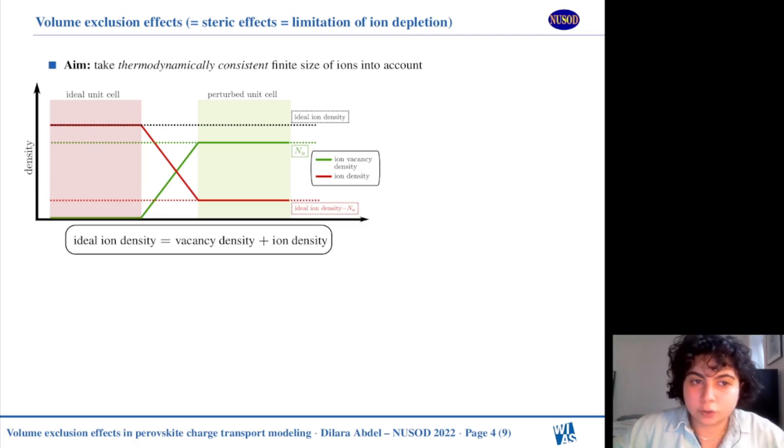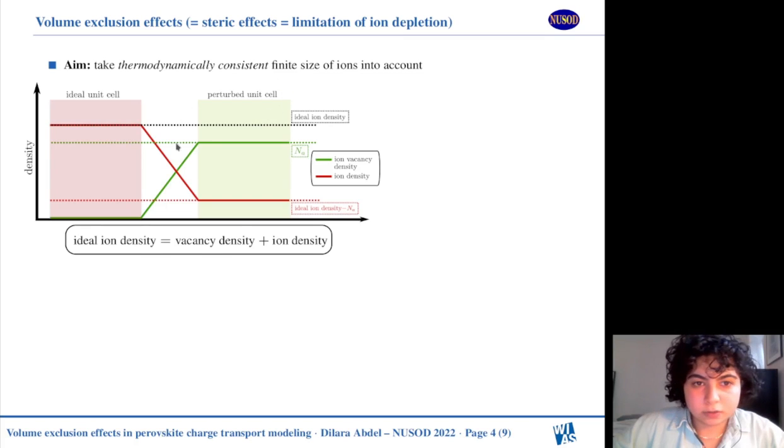will not be destroyed. Let us consider this figure here, where we have the vacancy density in green and the ion density in red, which sum up to the ideal ion density within a crystal. Here within the red area, we are portraying the densities for an ideal unit cell, meaning the vacancy density is 0 and the ideal ion density is reached by the ion density.